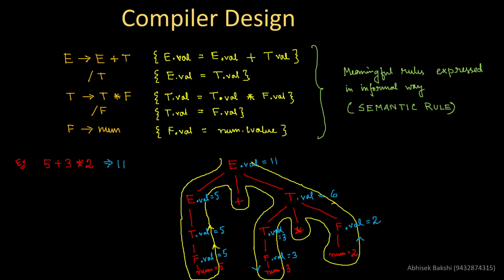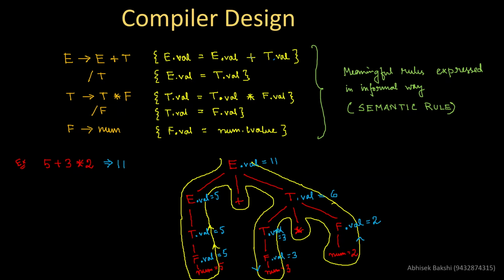In the previous example, I used the variable value. But it's not the only rule I should write here. I may have more than one rule in the same production. For example, this addition is only possible if the type of E and the type of T are the same, and they have to be integer. Then only can you have this addition.